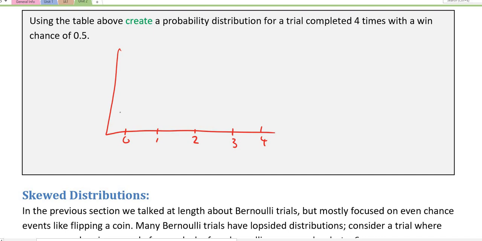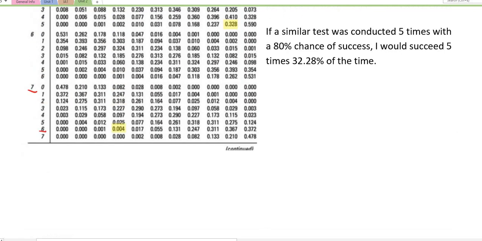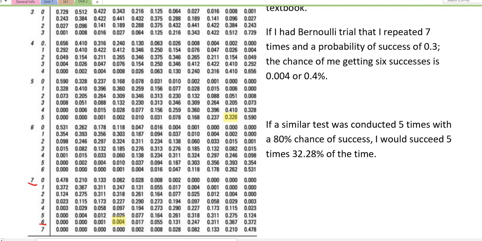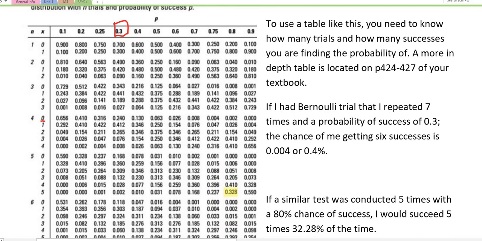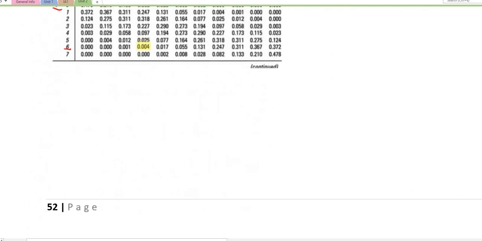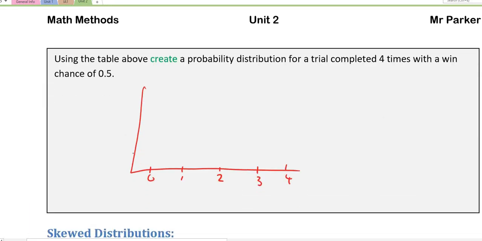What is the probability of having 0 wins? 4 trials, 0 wins, win chance of 0.5. Look at your table. 4 trials, n equals 4, 0 wins, and where's my 0.5 column? 0.063. And 4 wins is also 0.063.